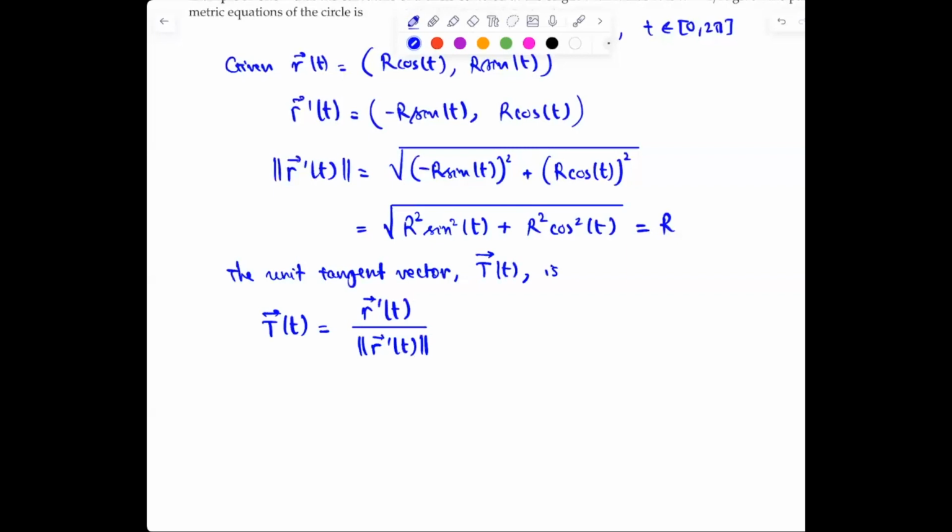You need to form the unit tangent vector because later on you need to take its derivative. The magnitude of the tangent vector is in the denominator, so it's equal to 1 over R times the tangent vector, that is negative R times sine of t, comma R times cosine of t. Therefore, the unit tangent vector is negative sine of t, comma cosine of t.